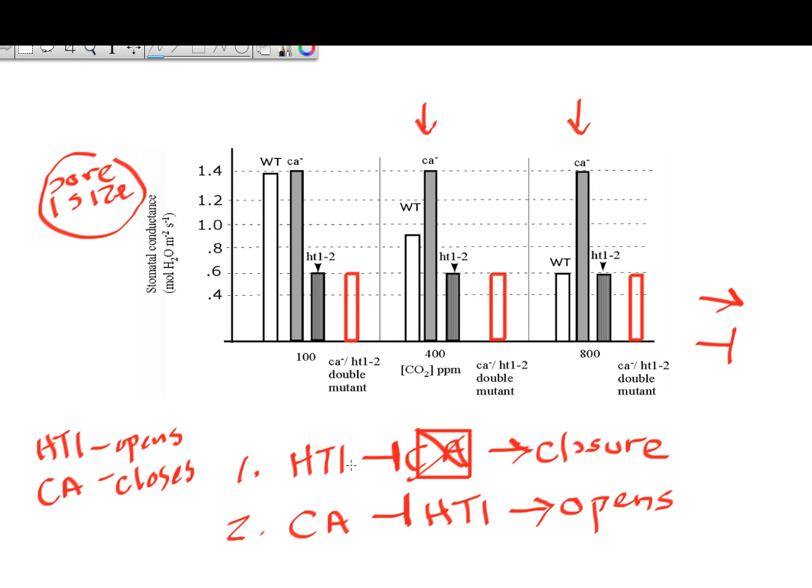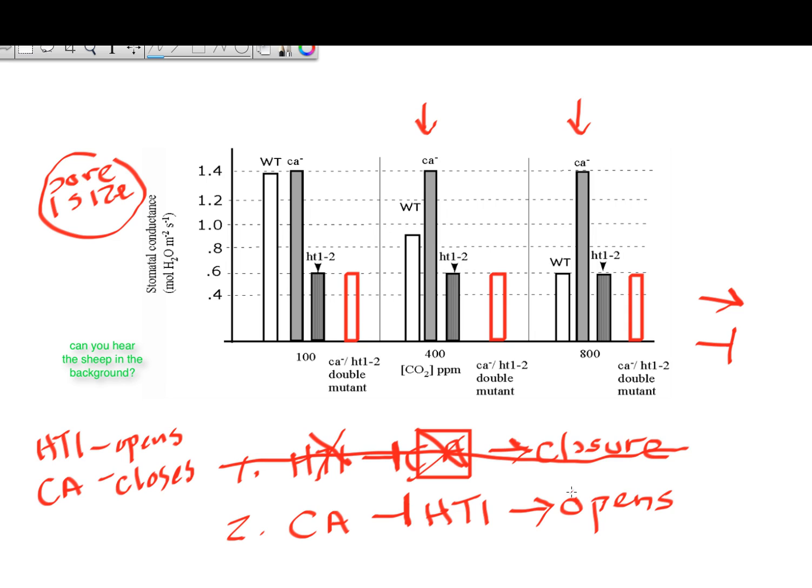And HT1 has got nothing to regulate, so the double mutant phenotype is going to be open stomata. It isn't, is it? We've just eliminated the possibility that that is the regulatory pathway for stomatal opening and closure in response to carbon dioxide.